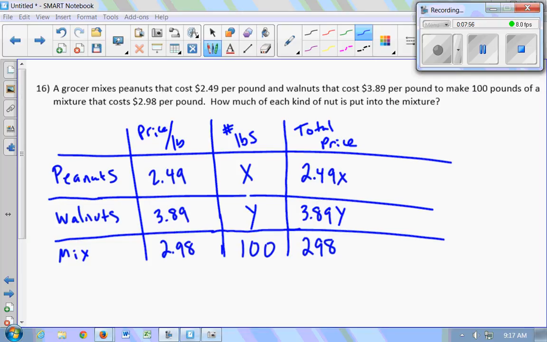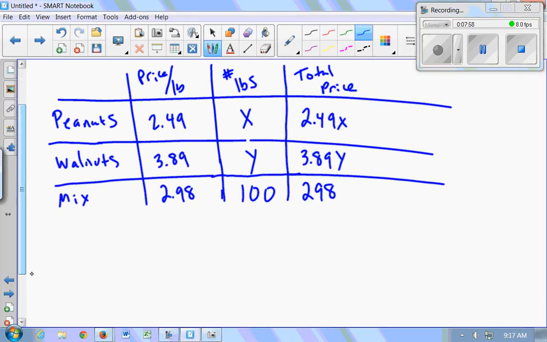All right, so now, because I used 2 unknowns here, an X and a Y, I have to write 2 equations, right? If I had just used an X, I would only need 1 equation. 2 unknowns, 2 equations. So one equation I know is that X plus Y has to give me 100.